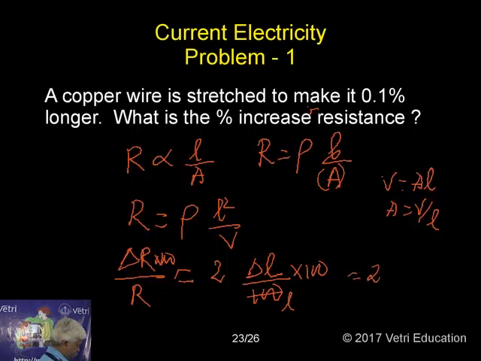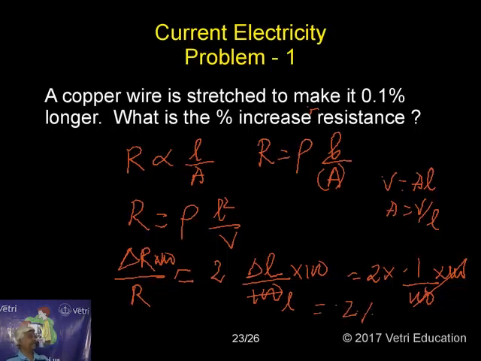What is delta L given? A copper wire stretched to make it 0.1% longer. Therefore, 2 into 0.1. The answer is 0.2%.